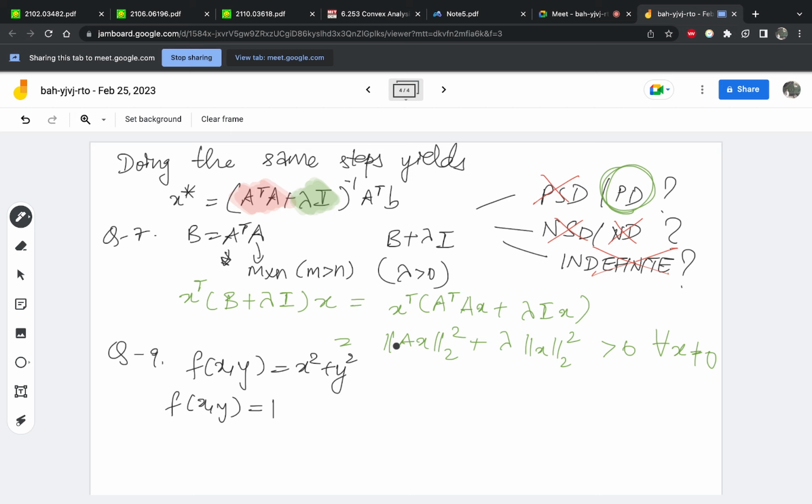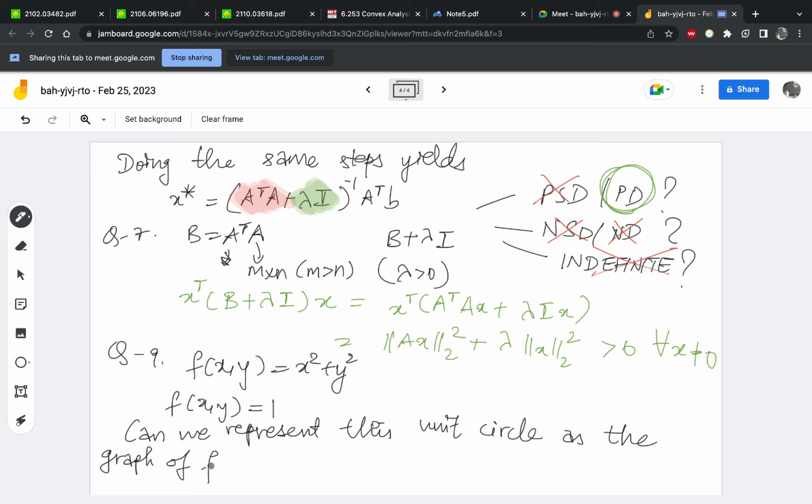And the question is, can we represent this unit circle as the graph of a function of just one variable?